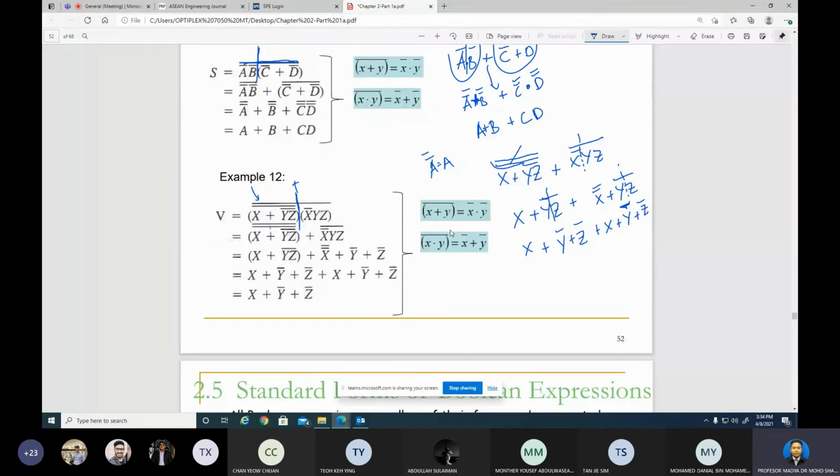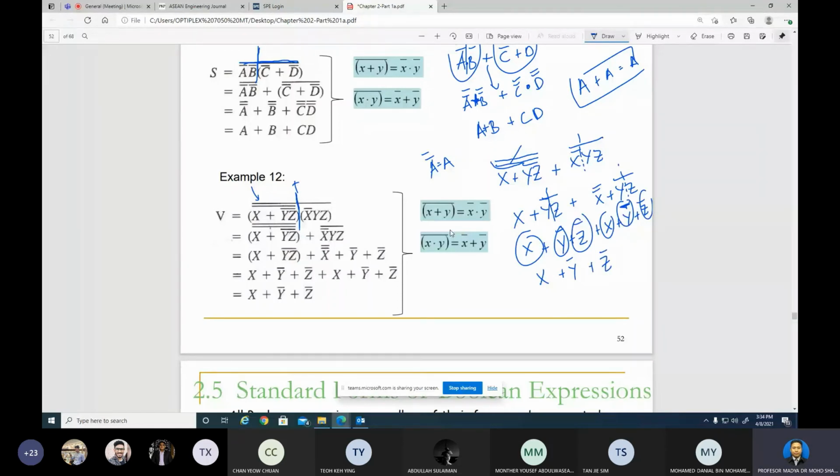And then you can check which one you can simplify. So for example, a plus a equals a. You can check the rules, so this is the rule. That's why you just simplify x y bar, because this one can simplify and then another one can simplify. So at the end you can get this one.